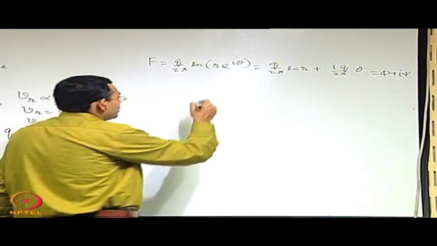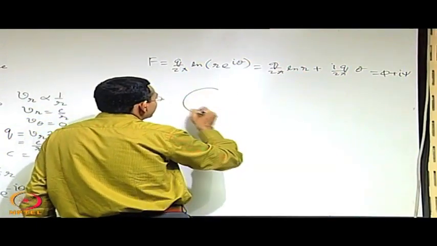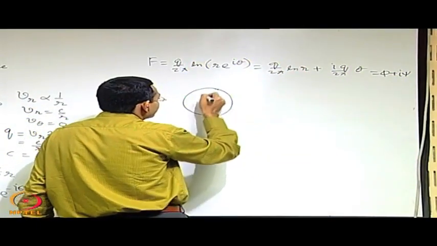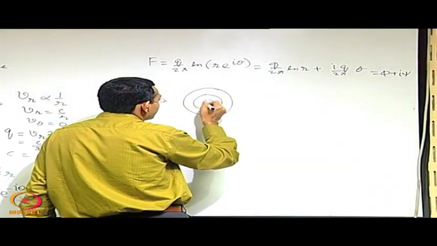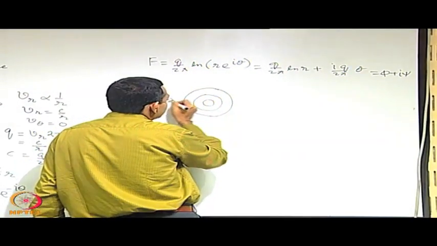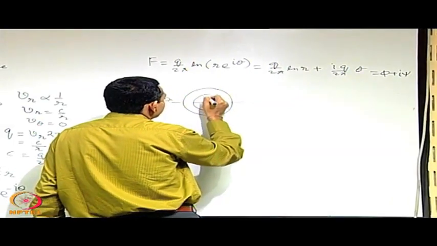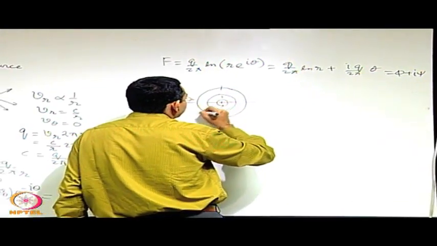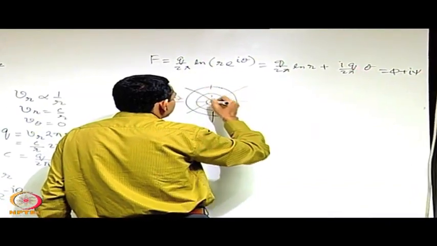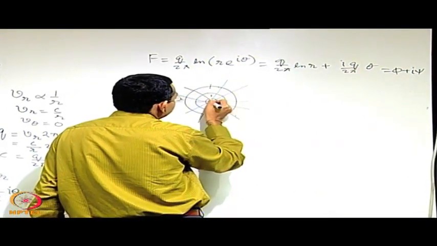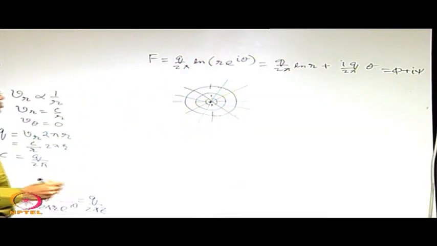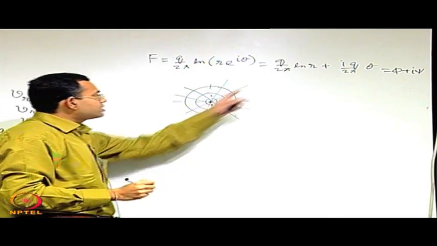If you consider a net like this, just different lines like this, what do these straight lines indicate?